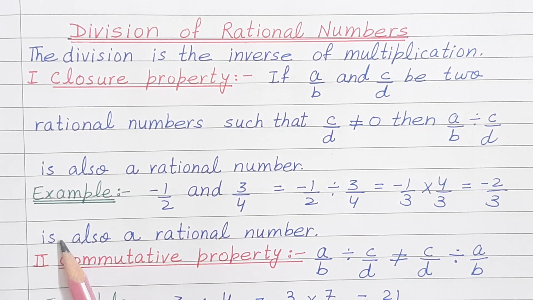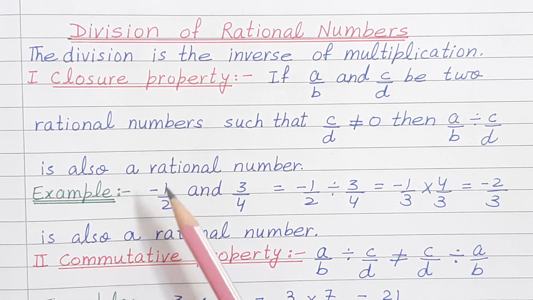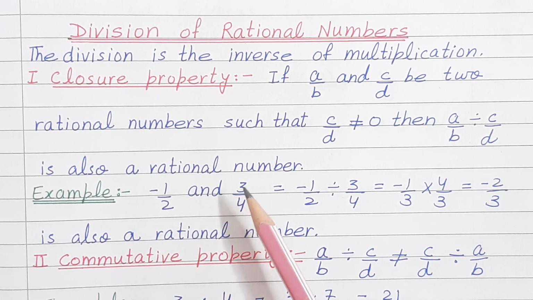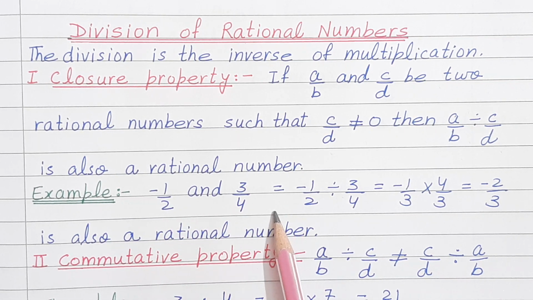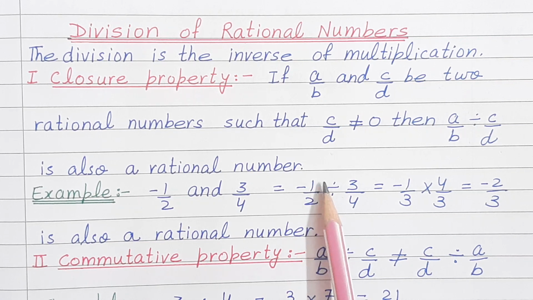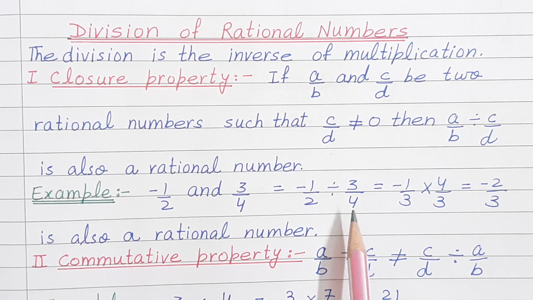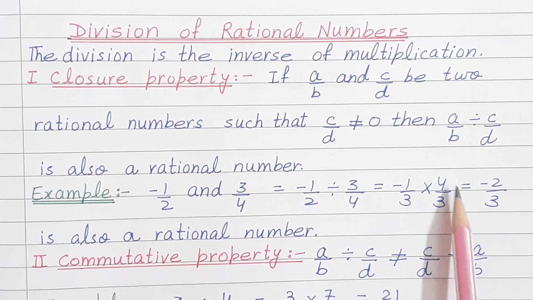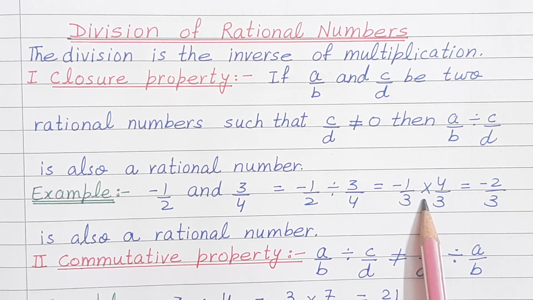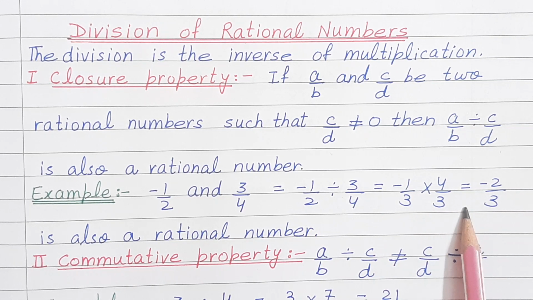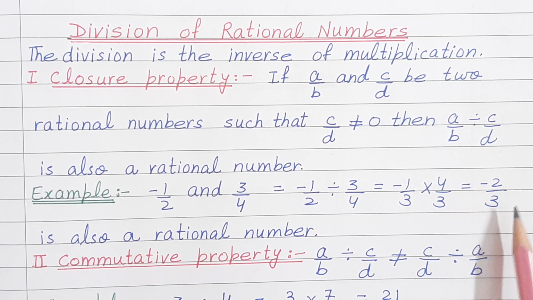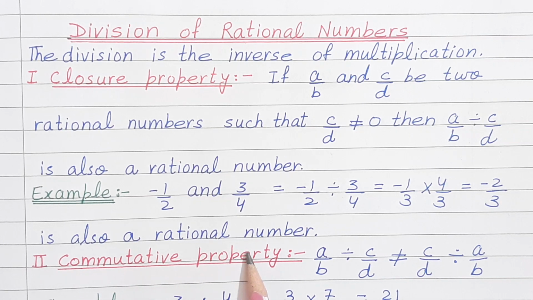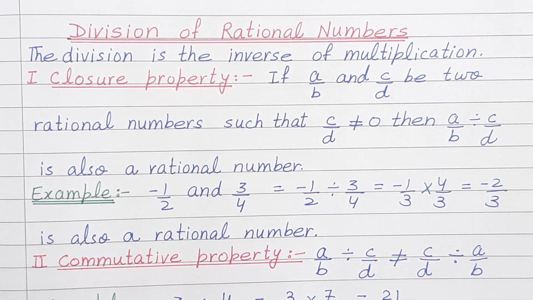For example, minus 1 upon 2 and 3 upon 4, that is minus 1 upon 2 divided by 3 upon 4. Now, in order to remove the division sign, we take the reciprocal of the second term and use the multiplication sign. So here the answer is minus 2 upon 3, which is also a rational number.